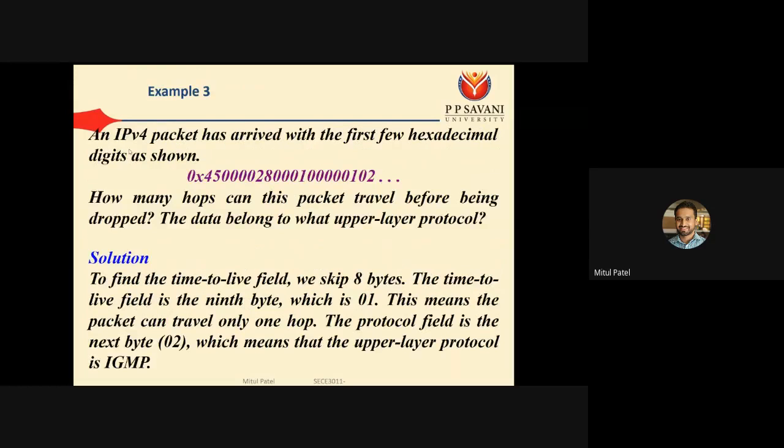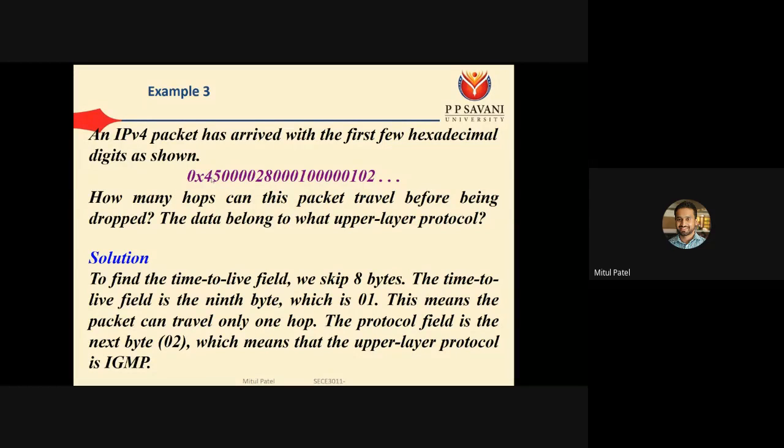Third one: an IPv4 packet has arrived with the first few hexadecimal digits as shown. The values are given in hexadecimal. The first 4 bits are for version, the second 4 bits are for header length. One hexadecimal digit needs 4 bits, so the first digit is 4.